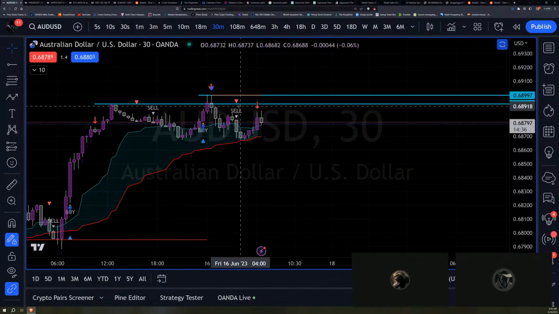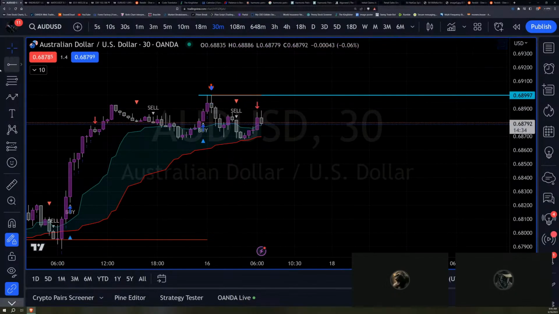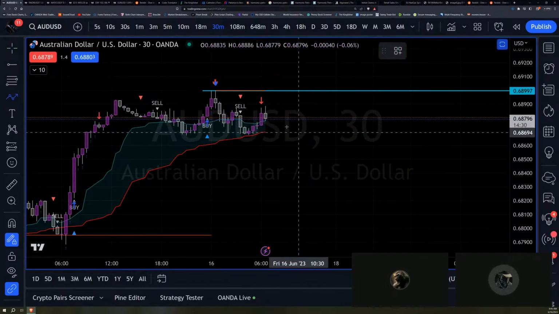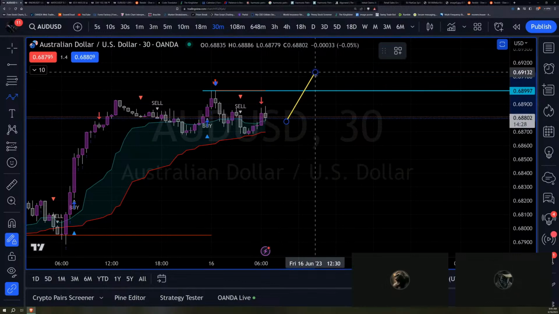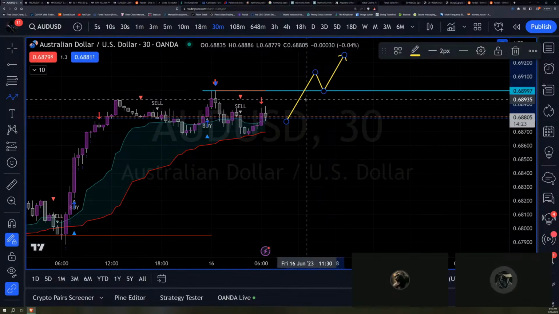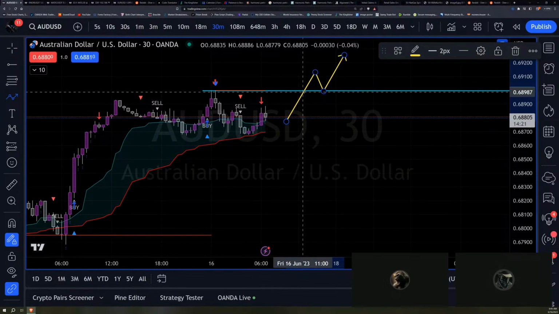But even if it breaks above this lower bit right here, the way I'll probably play this is wherever it breaks above, wherever that might be, I'll look for a pullback, and then I'll enter that. I may enter a smaller position as price touches that, depending on what my algo tells me on the indicators.